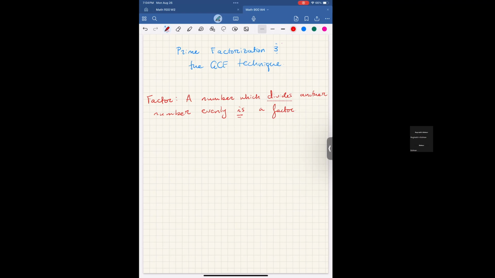And providing an example of a factor is pretty easy. Suppose you have a number like 6, and we know that 6 can be divided by 3. 6 divided by 3 gives you 2. And what this tells you is that 3 is a factor of 6.